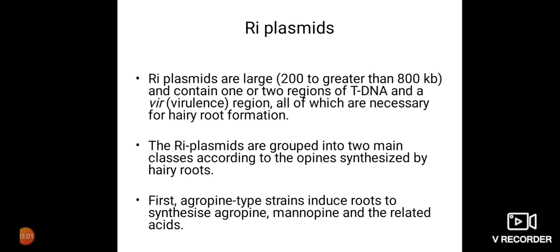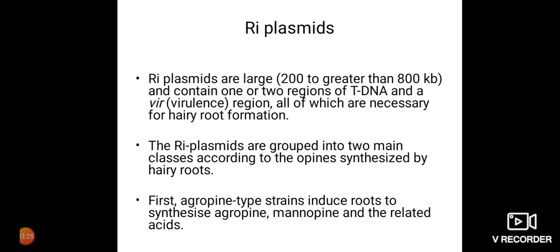The Ri plasmid is a large plasmid carrying around 200 to more than 800 kilobase pairs of DNA, and contains one or two regions of T-DNA, a virulence region, and all the other genes necessary for causing hairy root formation.